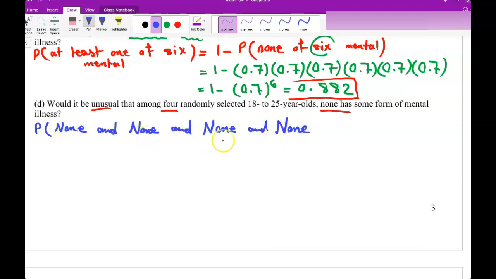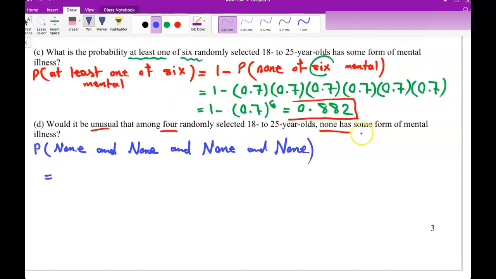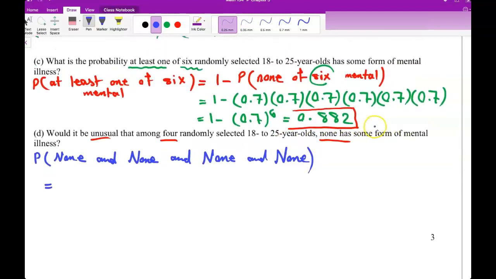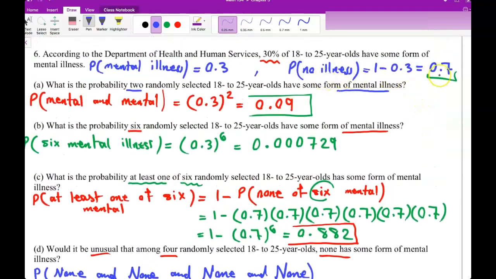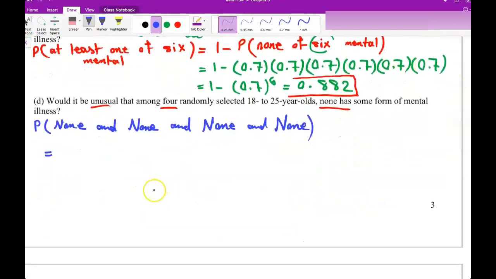So here we have 1, 2, 3, 4. That is equal to, we have none has some form of mental illness. So no illness, we had 70%, 0.7.